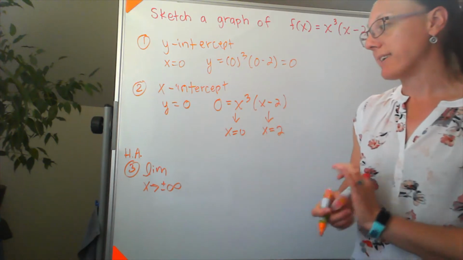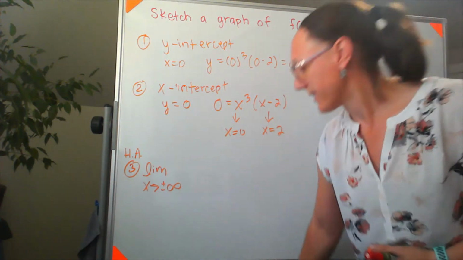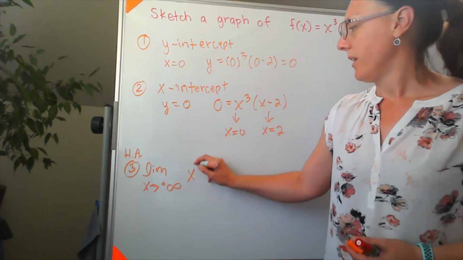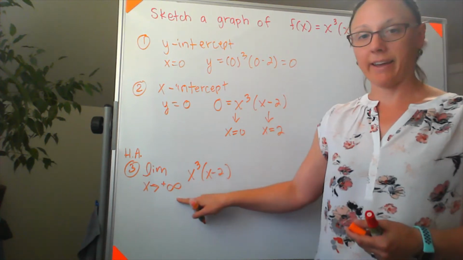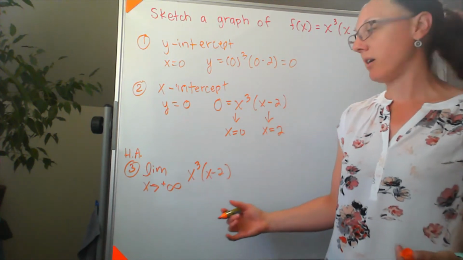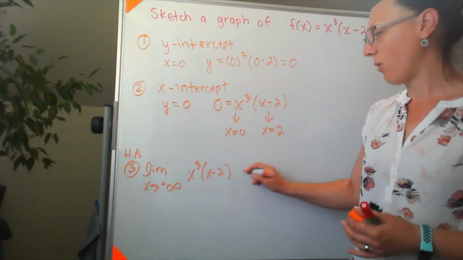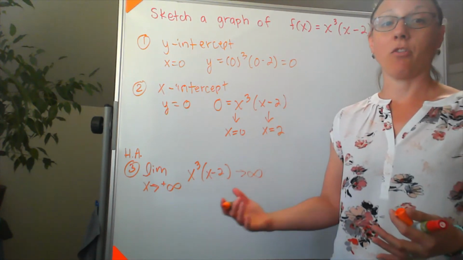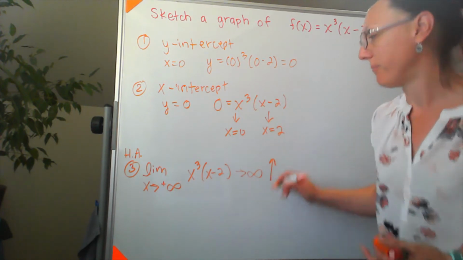So if I take the limit as x approaches positive infinity, I've got x cubed times x minus 2. If I plug in a very large positive number, well, infinity cubed times some more infinity, that whole thing is headed to infinity, which means that on the far right-hand side of our graph, we should be going up.